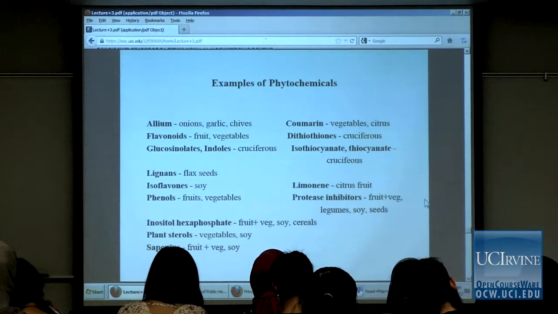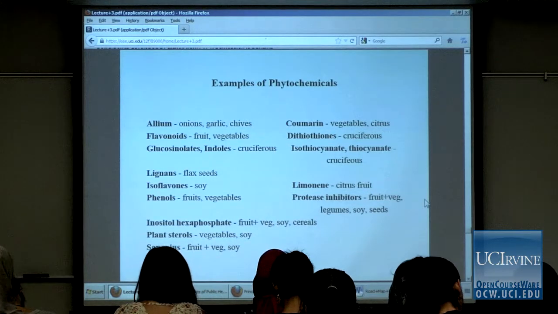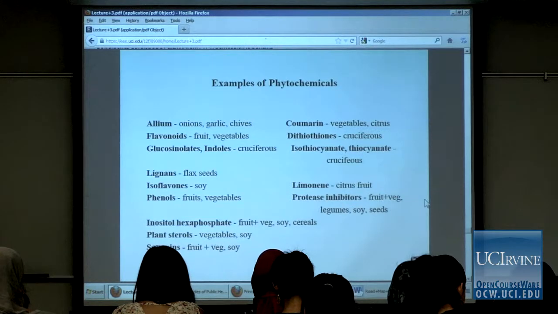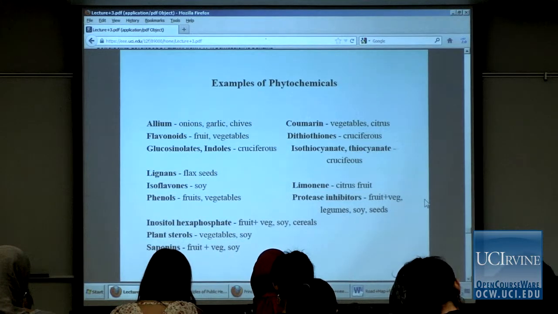So it's almost self-explanatory: if you are eating plant food, you are consuming phytochemicals. When we talk about dietary supplements, vitamins and minerals, all of them were possible to identify around the 1950s. With phytochemicals, it was just the 1980s.